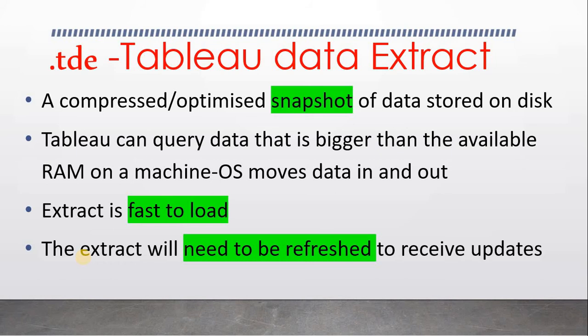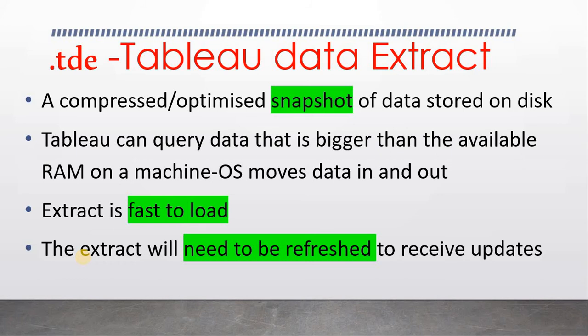But there is a drawback, because this is a snapshot of one-time data, and there is a detachment from the original source when we create it. So if the original source data is updated, the snapshot, the extract, is not updated until we connect back to live, so that we can refresh and receive updated data from the original source.